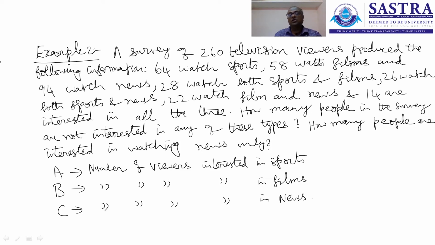Now from the given data I have to calculate the cardinalities, and from that I require the answers: how many are not interested in any of the types, and how many persons are interested only in watching the news.